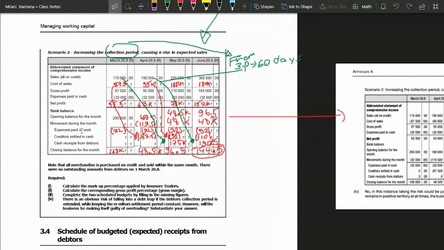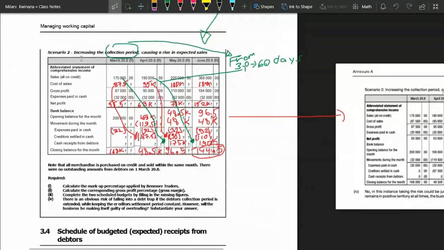Our creditors are paying us 60 days or 2 months later or 30 days later. Is that why we write it in April? Because it's after 30 days from March? Absolutely.